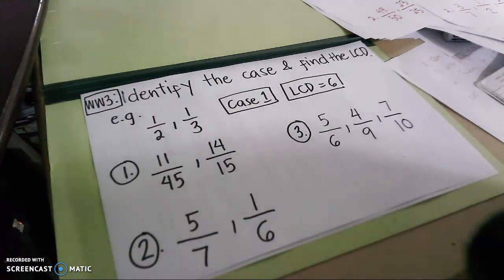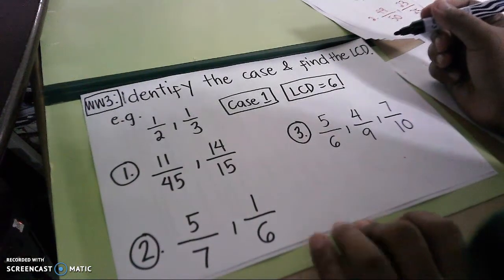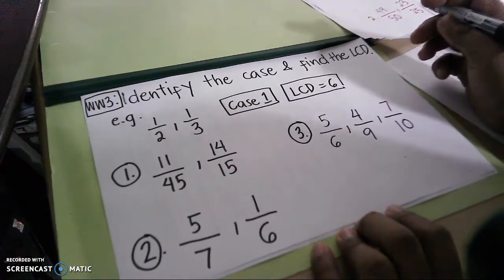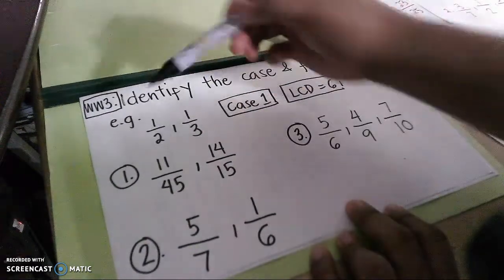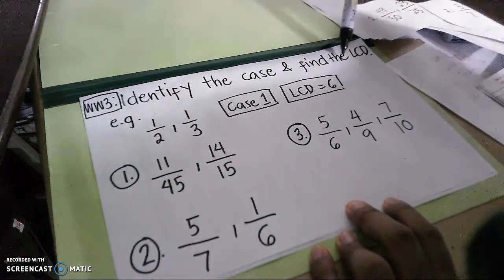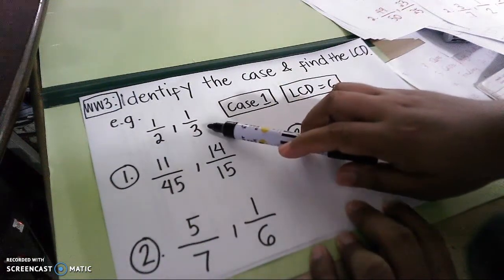For your written work, please copy this in your notebook. Maybe it would be best if you screenshot this. It will be easier for you to write down the given in the notebook. Written work number 3, identify the case and find the LCD. So let's have an example here, 1/2 and 1/3.